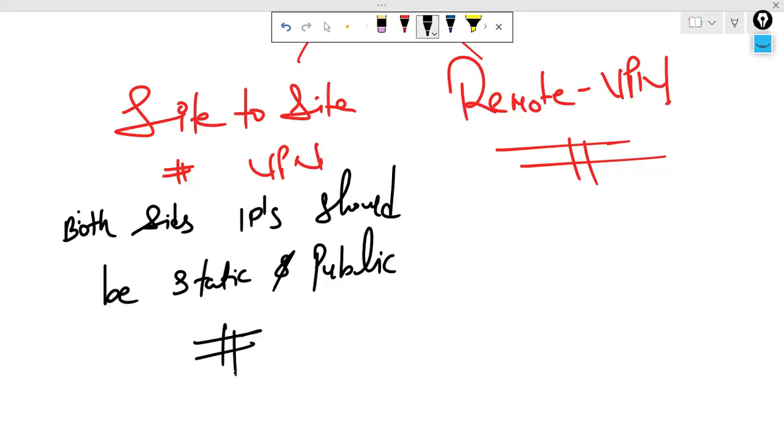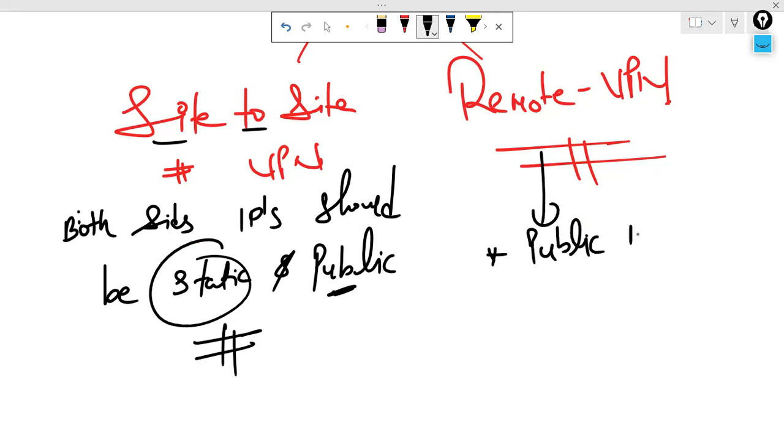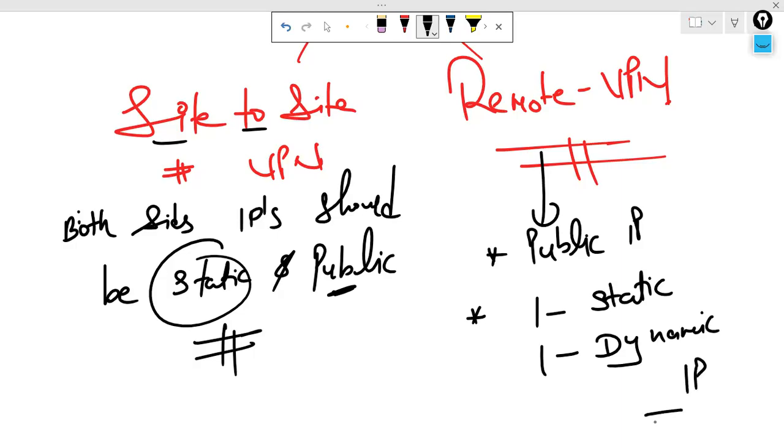But right now, in the starting, you have to make sure of one thing: the VPN is always between public IPs. But site-to-site VPN is always between static ones. But in remote VPN, the first condition is what? Public IP. And second, there is a possibility one side can have static and the other side would have dynamic. Dynamic means the IPs keep on changing. Note it down.